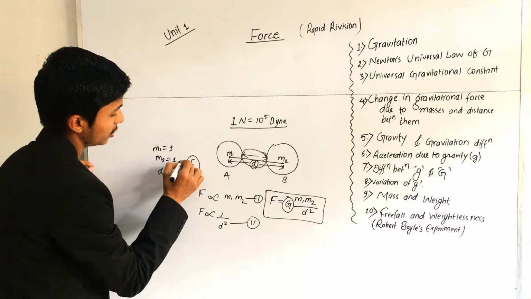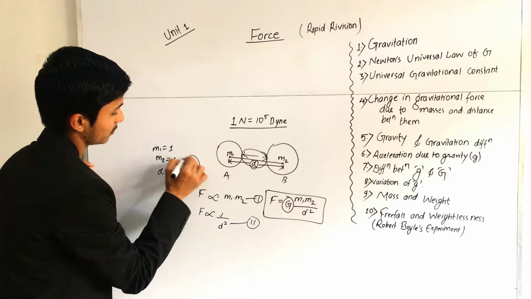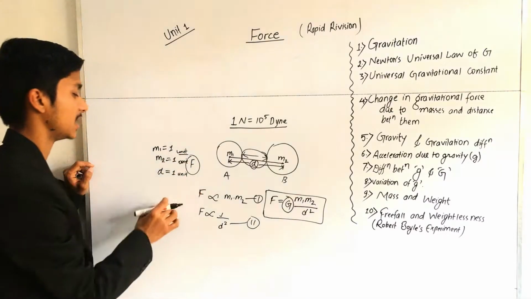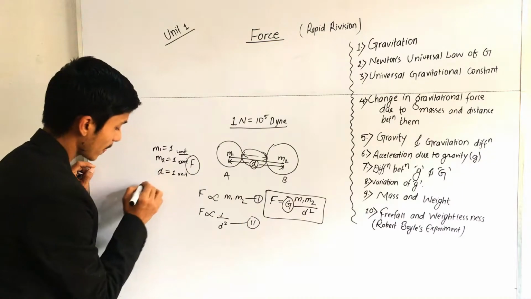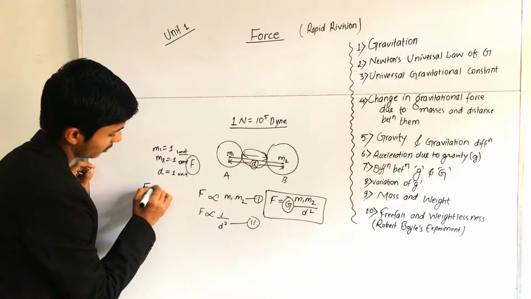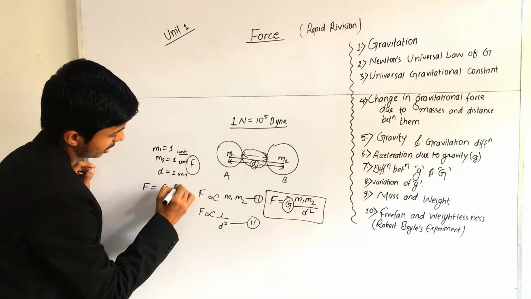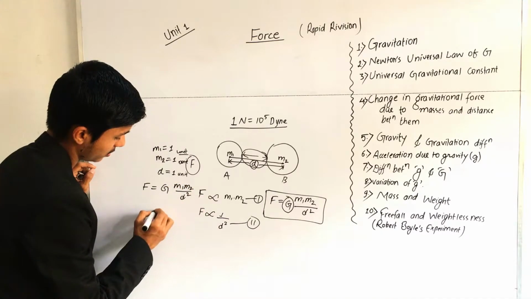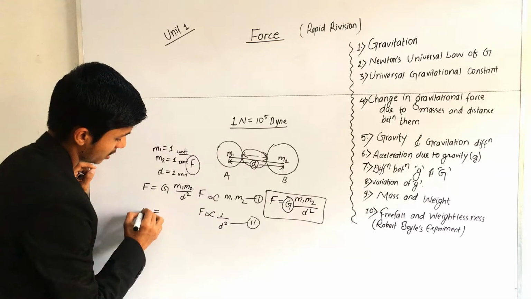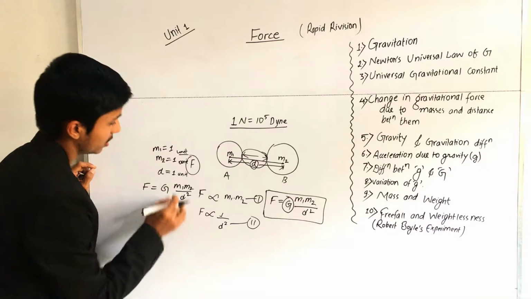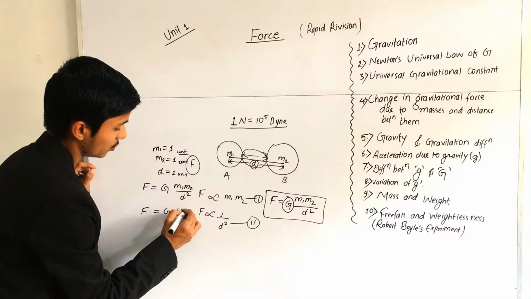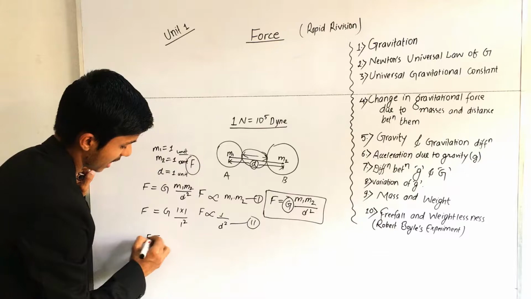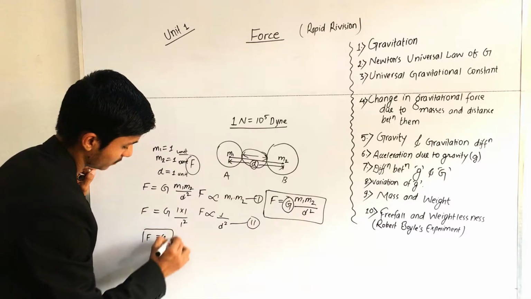These all are in units, that is kg, kg and meter. Now we write the formula here, F is equal to G m1 m2 by d square. Here F is equal to G, 1 into 1 by 1 square. We get F is equal to G.